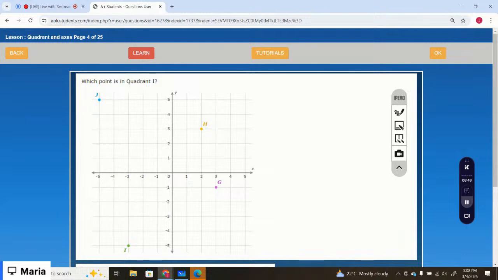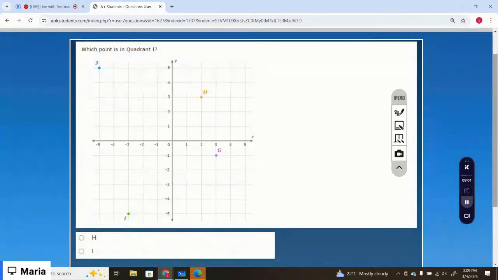Which point is in quadrant 1? Point H is in quadrant 1. Option number 1 is the correct option.